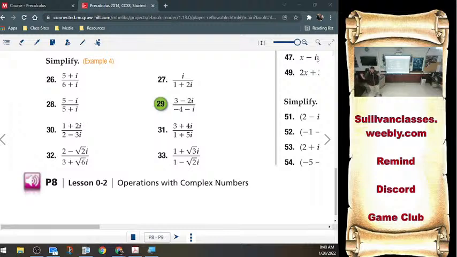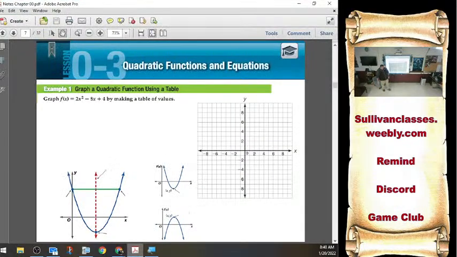Again, most of you coming right out of Algebra 2, this Chapter 0 should go fairly fast, which means I have hope that we can knock out all of the review of quadratics. This is the entirety of Chapter 4 from Algebra 2 today. You've been doing quadratics since Algebra 1.